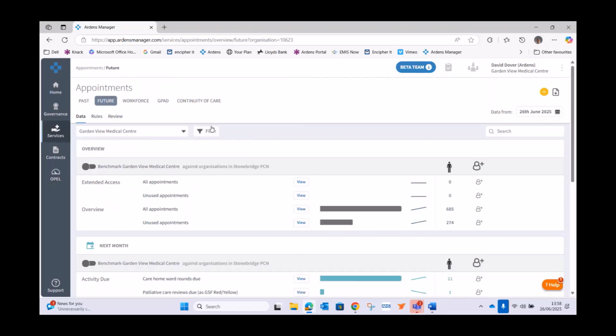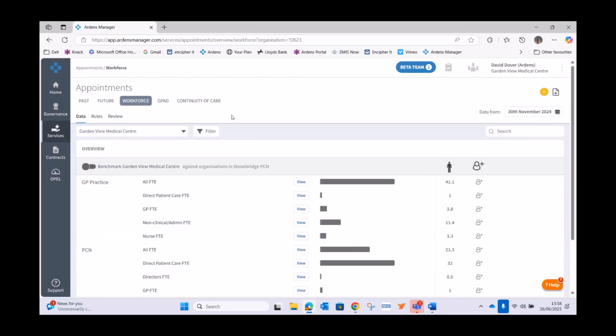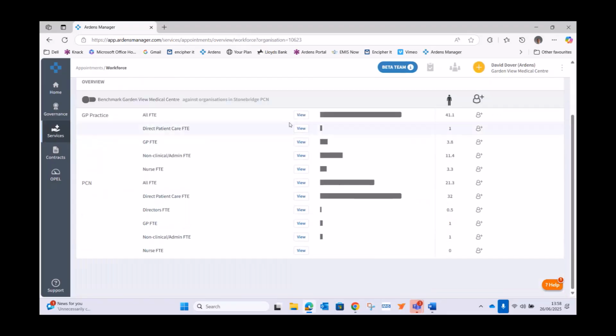So got those future appointments on there. Got your workforce data in here. Now, this is just based on the data that you provide when you go onto one of those online portals in and around direct patient care, full-time equivalents, non-clinical and admin staff at practice level and also at PCN level. So again, it's data that you complete as and when you need to.